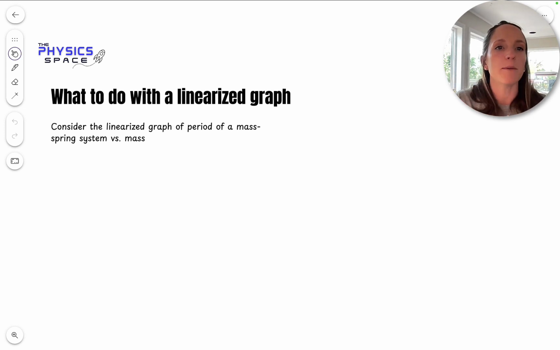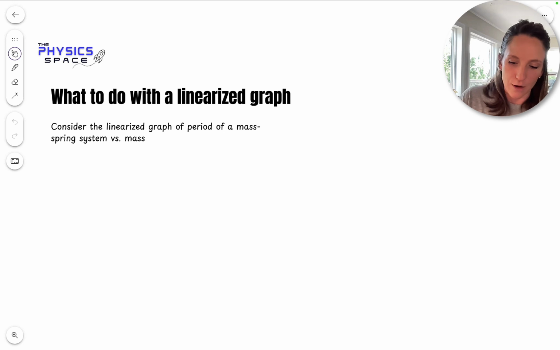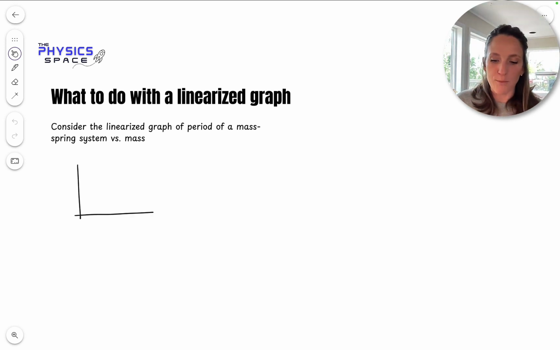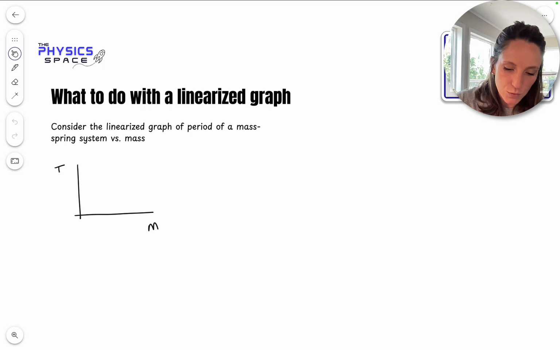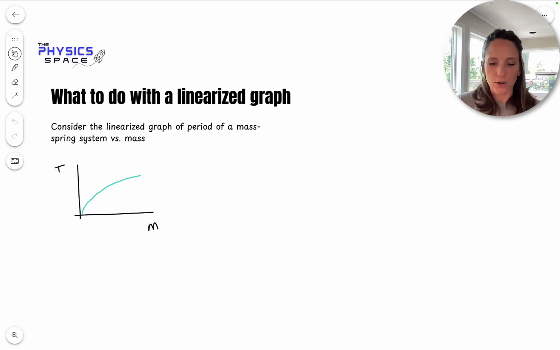But anyway, coming back to this here, if we have a graph, maybe we have measured the period of the mass spring system, we've timed it out, we know what the mass is, and we've switched, we start with 0.1 kilograms for mass, and then we go to 0.2 and 0.3 and so on and so forth, and we've graphed the period versus the mass. So this we would expect to find that our graph is consistent with a graph of the square root of x.